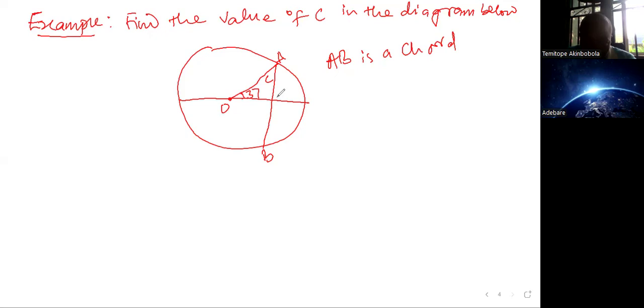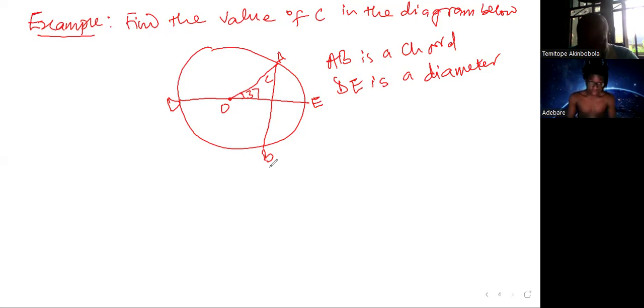Then let me put D here, then put E here. So I will now say DE is a diameter. Is that clear? DE is a diameter. AB is a chord.